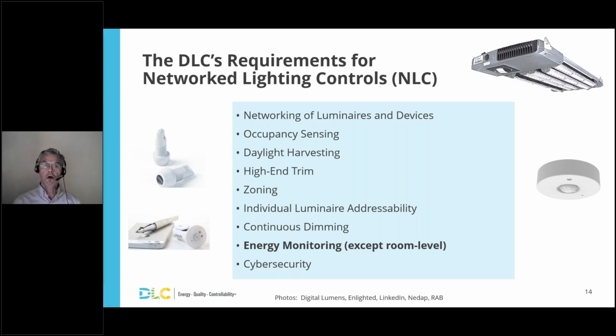Those capabilities are reported, not required. Today, we're exploring energy monitoring, which is required for all systems except for those that only claim room-level scope, rather than a larger scope of an entire building or a portfolio of buildings.